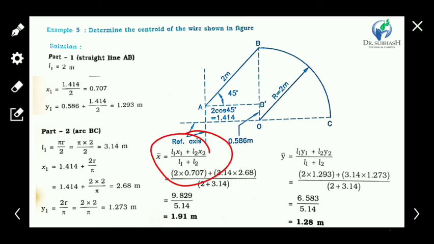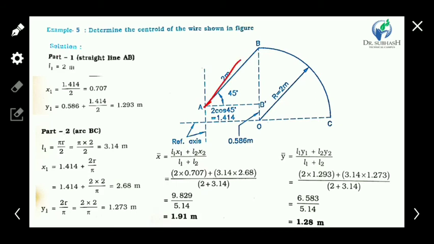The equation becomes x bar equals L1x1 plus L2x2 upon L1 plus L2, and y bar equals L1y1 plus L2y2 upon L1 plus L2. So we have to find L1, x1, y1 and L2, x2, y2 for both elements. Clear?